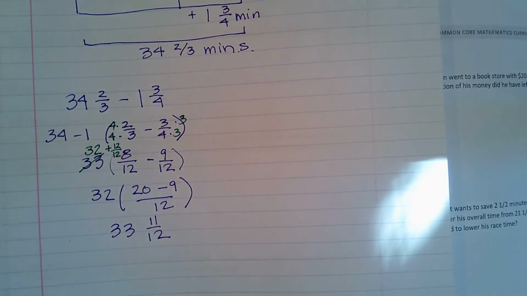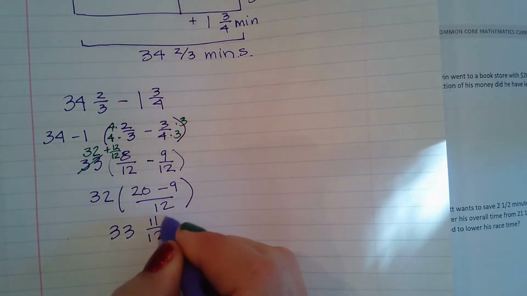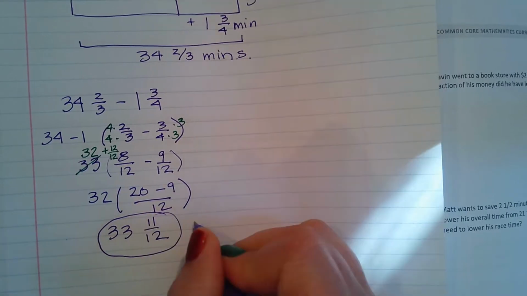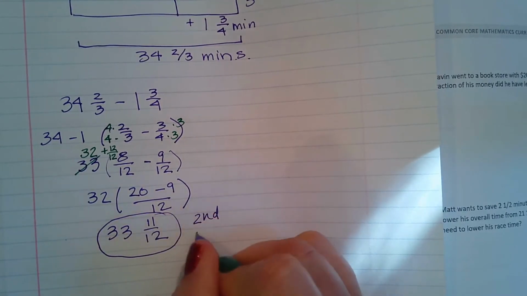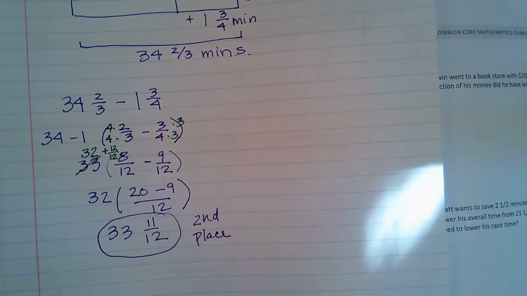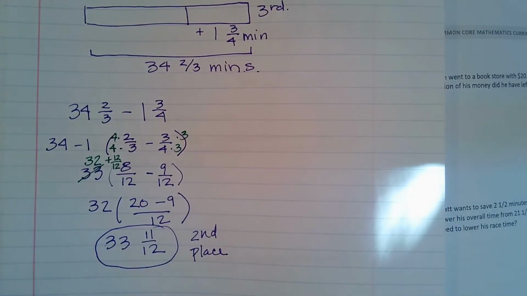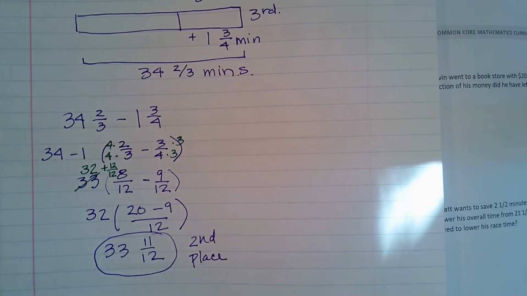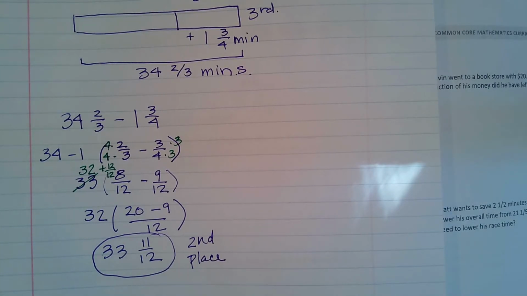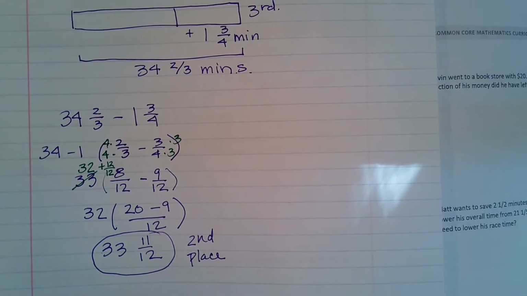So what does 32 and 11/12 even mean? Well, it's the second place finisher's time, right? Now we know the second place finisher's time. Do you see why now I'm not using this little bitty space? I'm already taking up half a page here. All right. So we now found the second place finisher's time.